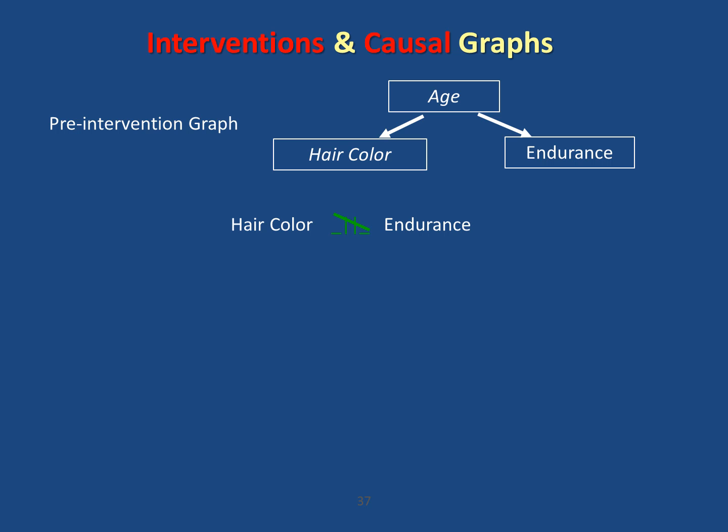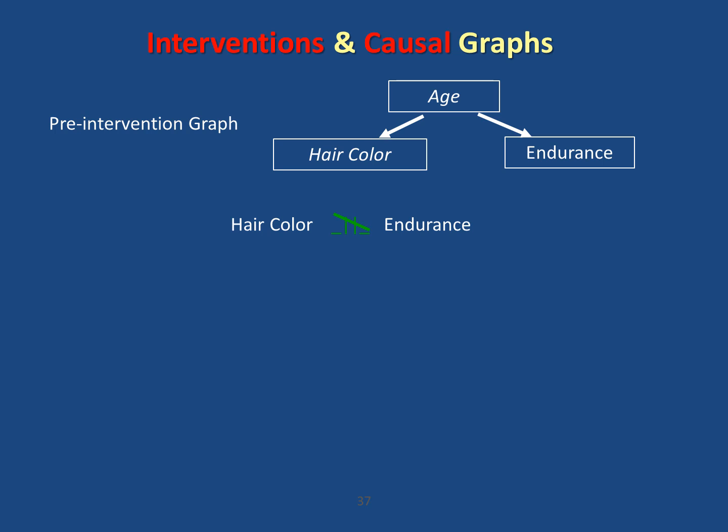Okay, so now I want to sort of show how you use this in a totally simple example, in how association comes from the pre-intervention and the post-intervention system. So here's the age causes both hair color and endurance in the pre-intervention graph. And in this graph, hair color is associated with endurance.